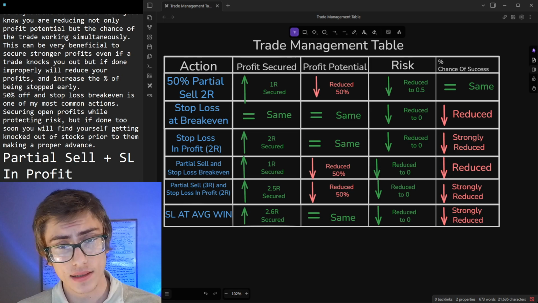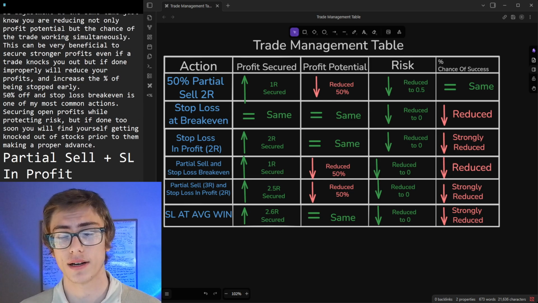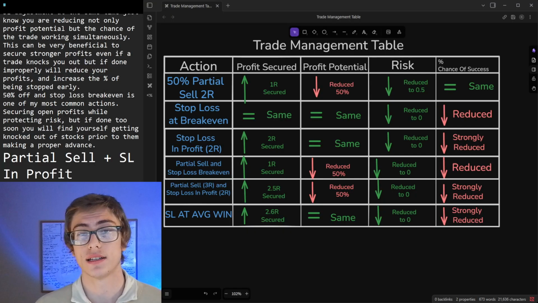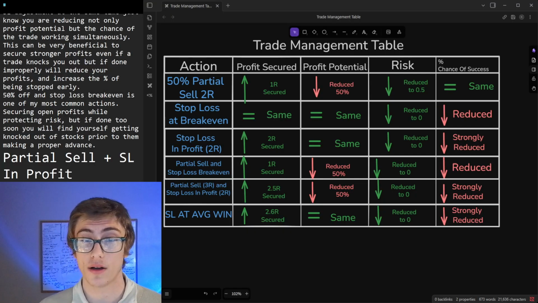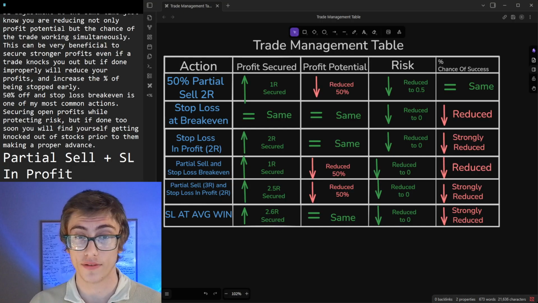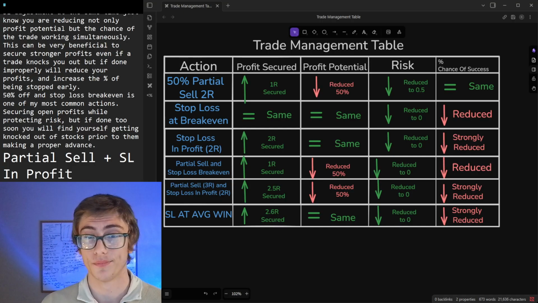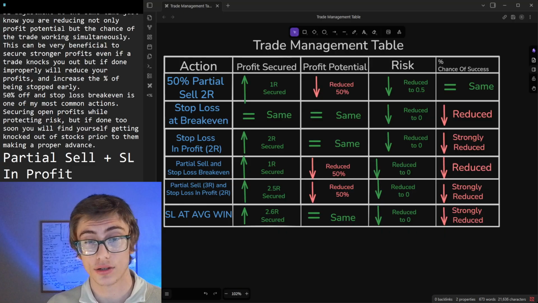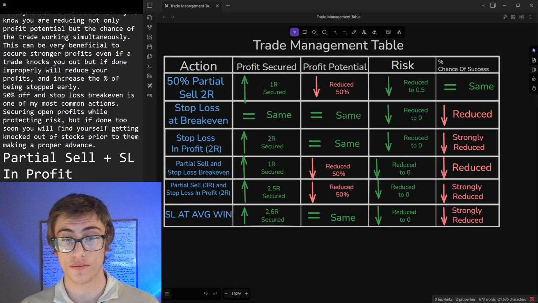So yeah, if you partial sell and move your stop loss to break even too soon, you're increasing the chance of getting knocked out by a fair amount prior to the stock making a proper advance, which can really suck. If you only secure 1R and then you get knocked out at break even and the stock goes up to appreciate 10R, it sucks. I've done this myself.